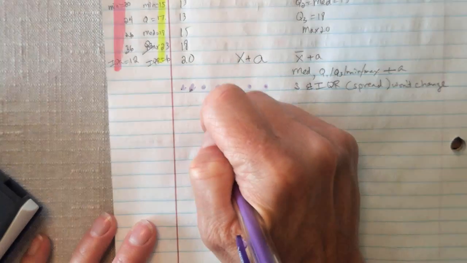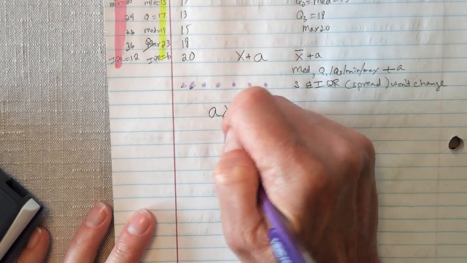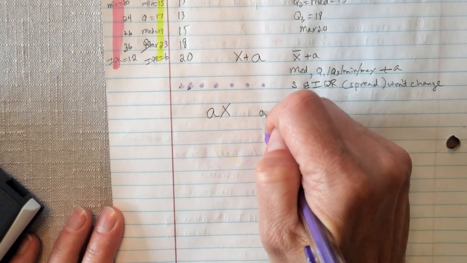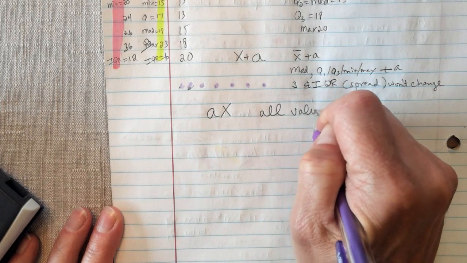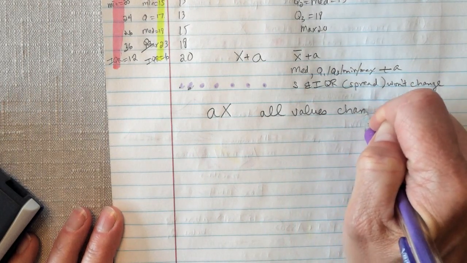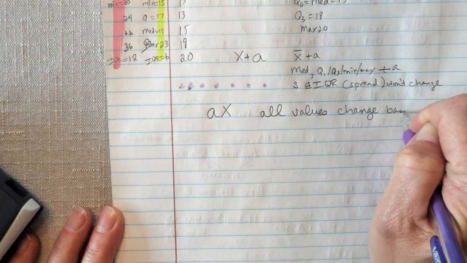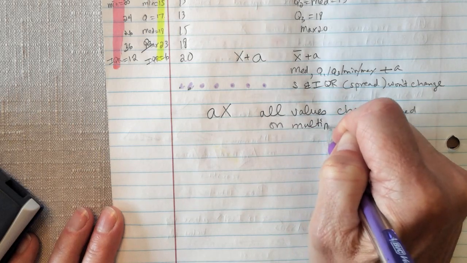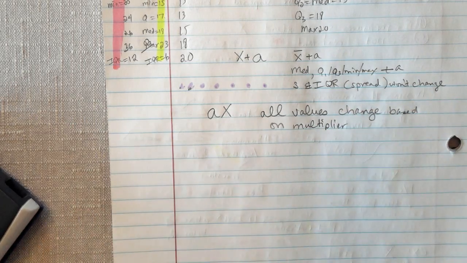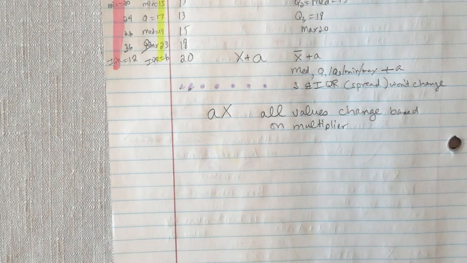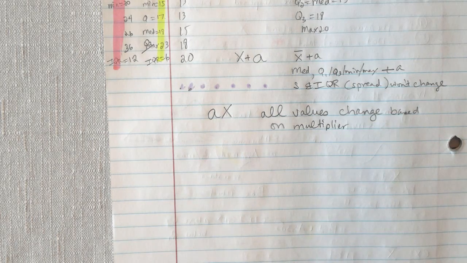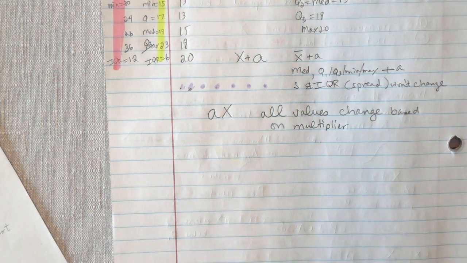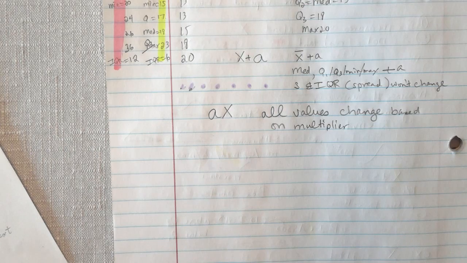So if we are going to multiply our distribution by a number, all values change based on the multiplier. Now, if I were a really mean boss and I was like, nope, everybody's going to get their pay cut in half, well, then all of the values would be cut in half.